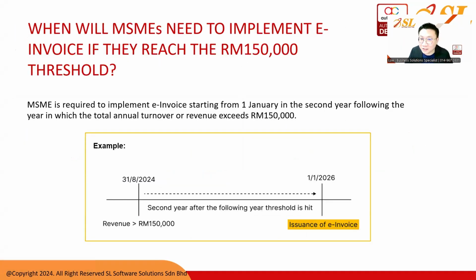And another example to give a very clear picture: if, let's say, on 1st July your company is below 150,000, and then on 31st August it only hits 150,000, when do you need to start doing invoicing? 1st September, 1st October, or next year, 1st January 2025? It starts in the second year, on 1st January, meaning 1st January 2026.